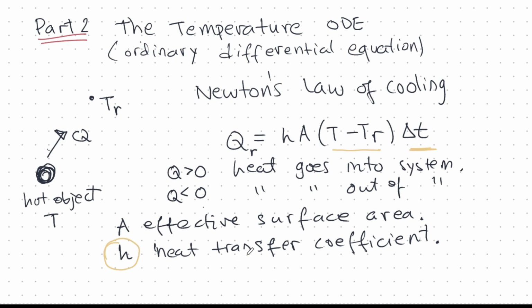And this is a kind of magical number because it doesn't assume any particular mechanism for the heat transfer. It could be anything. It's like an empirical constant. It depends on geometry, maybe depends on a lot of things. But it's best to measure this by experiment.